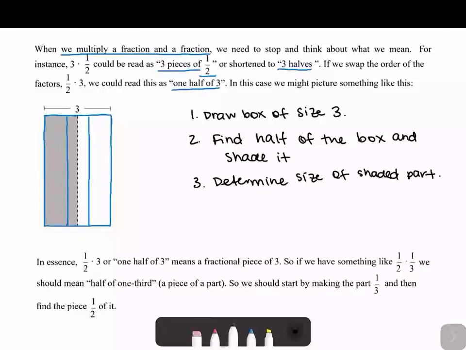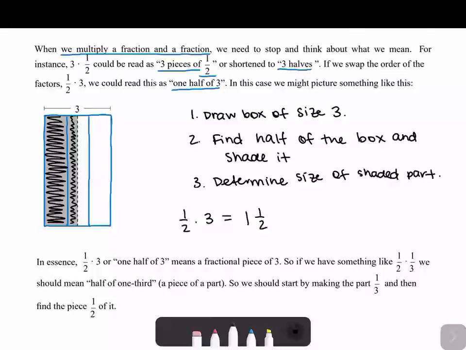Well, this whole one of the parts out of the 3 is still completely there. But this middle one, we don't have all of that whole. We just have half of that whole right down the middle here. So we have one whole and then half of another. That tells us that 1/2 times 3 gives us one whole shaded and half of another one shaded. So this gives us 1.5.